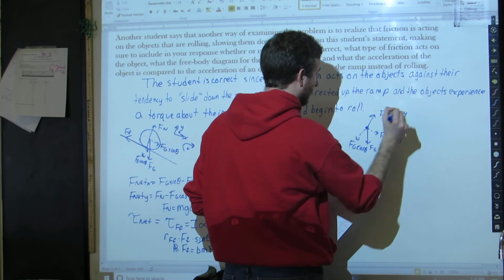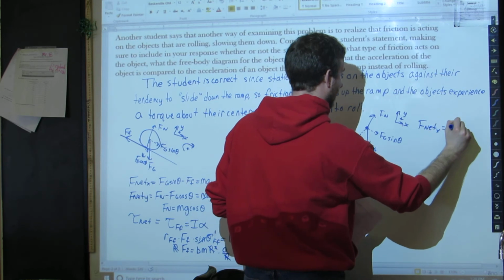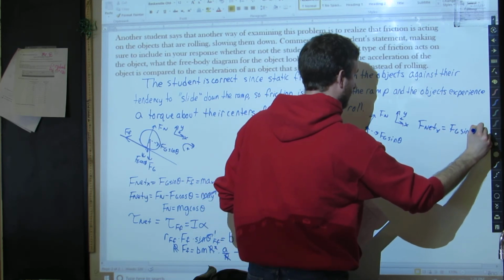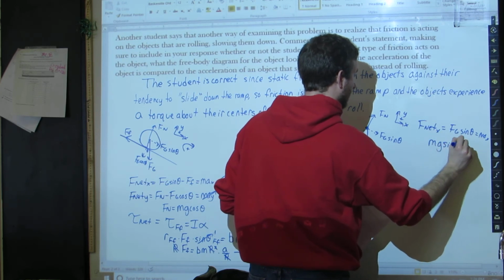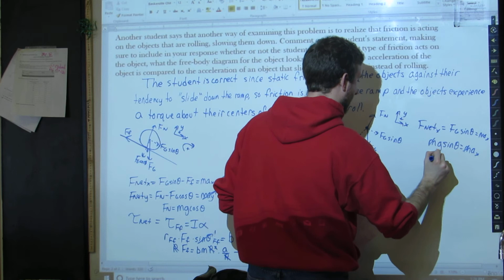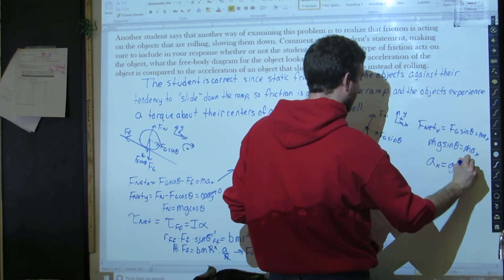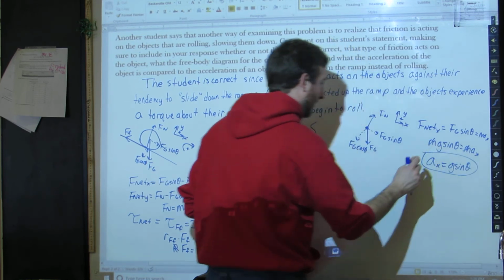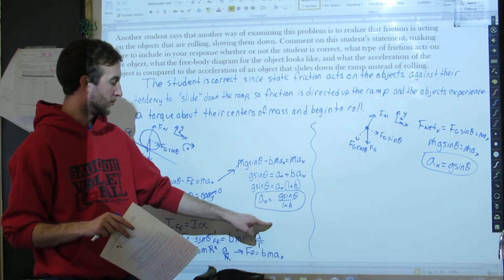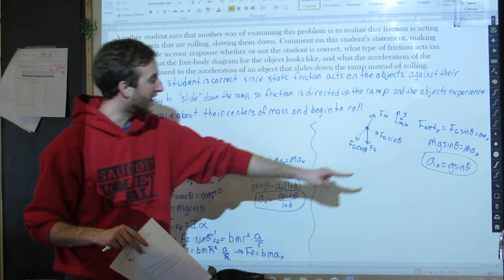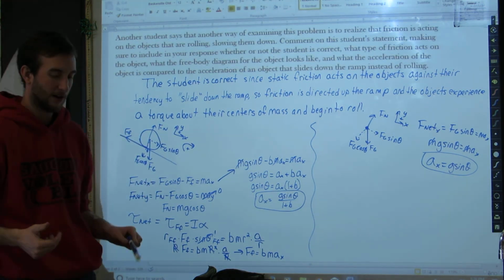So I simply have the net force in the x direction as Fg sine theta, which equals max. This is mg sine theta equals max. Cancel the m's. We get the acceleration for the objects that slide is simply g sine theta. Which acceleration is going to be bigger, this or this? It's this one. We're dividing g sine theta by some factor bigger than 1, so it's going to be smaller.